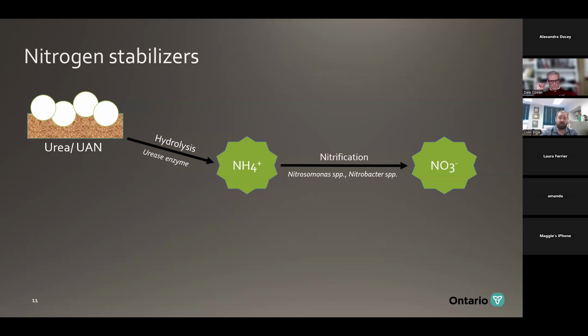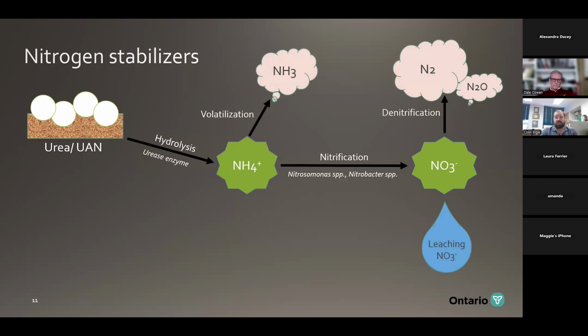But there's more going on within that soil, that we've also got another transformation that happens called nitrification. And in this transformation, the microbes within the soil will take that ammonium and turn it into nitrate. And again, that's a plant available form. So both of those forms readily available to that plant for nutrition, which is a good thing.